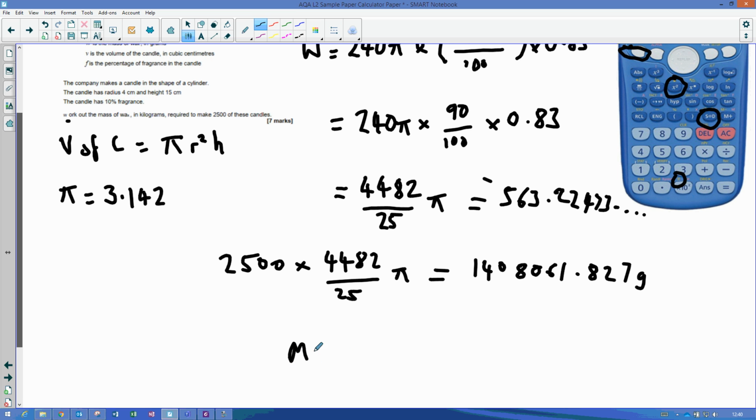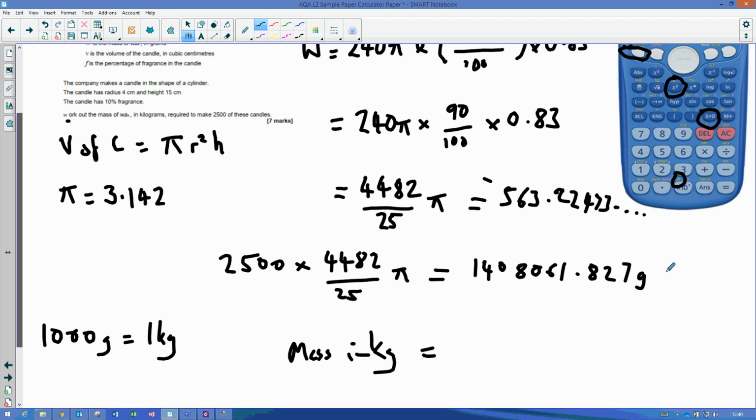I want mass in kilograms, and I should know that there are 1,000 grams in 1 kilogram. So to convert this to kilograms, I just need to divide by 1,000.